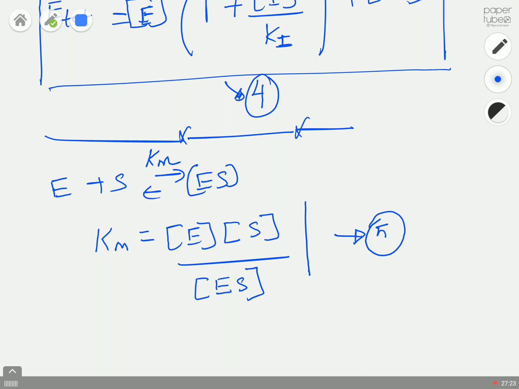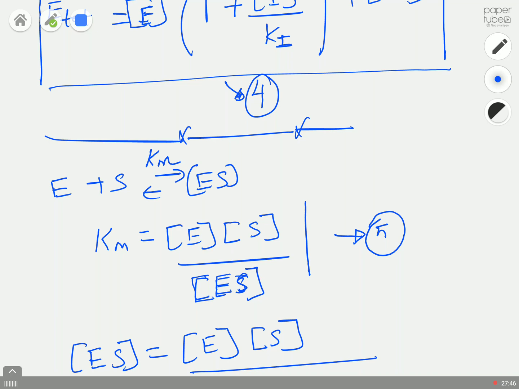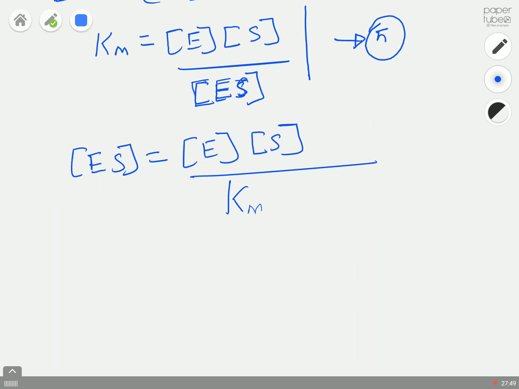Okay, and now we have to write, we don't know the concentration of the enzyme substrate complex, so let's try to eliminate that one. So the enzyme substrate complex will be equal to concentration of your enzyme multiplied by concentration of your substrate divided by Km.